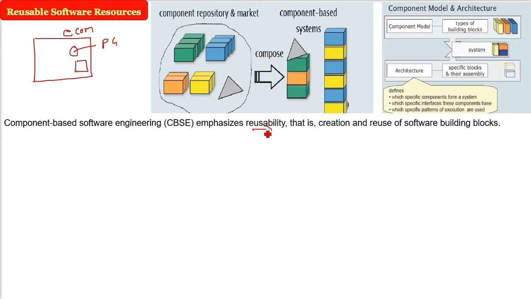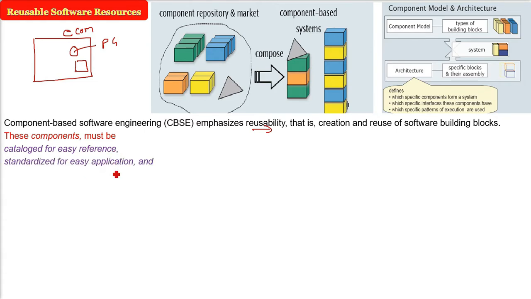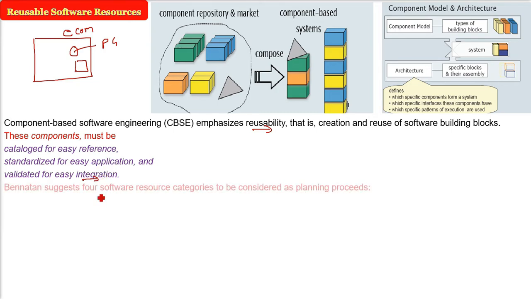That is, there are software building blocks you can create and reuse again and again, if the technology is stable and you already tested it. So these components must be, first of all, cataloged, because you need to use them. For easy reference and easy application in your software project, there has to be some standardization. And of course, validation, because you are going to integrate it. It has to be properly validated, verified and tested.